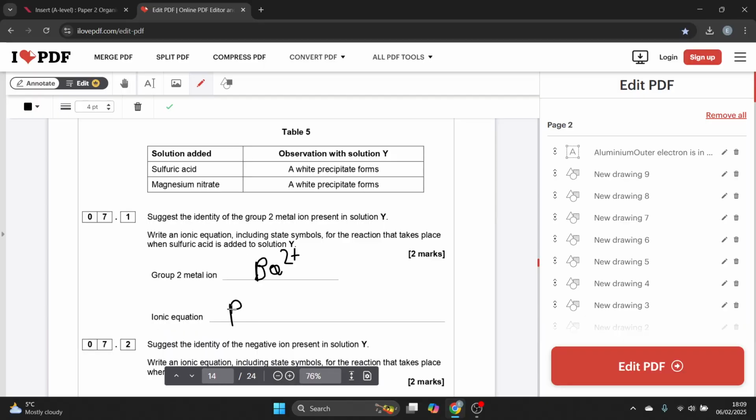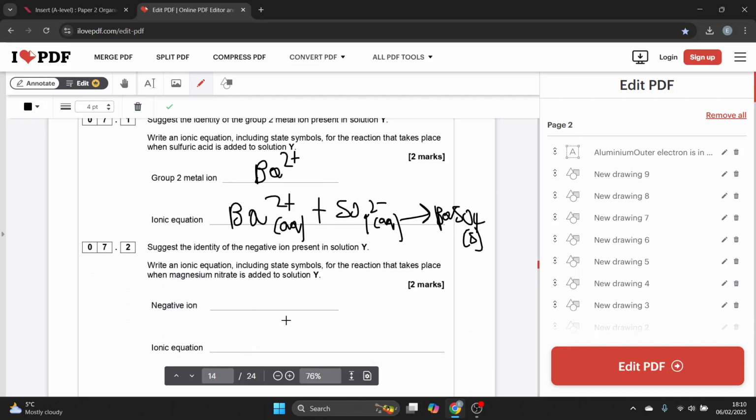Then it's going to be Ba2+ aqueous plus SO4 2- aqueous to form BaSO4 solid.